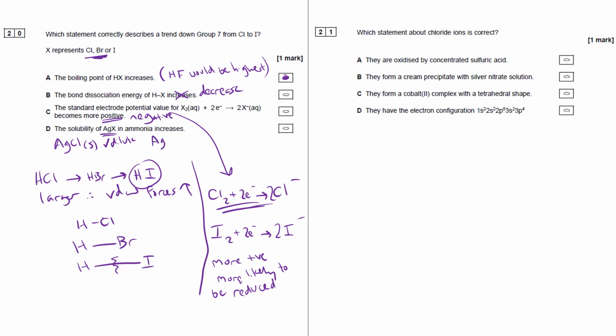Silver bromide, the cream precipitate, will only dissolve in concentrated ammonia. Silver iodide, the yellow precipitate, does not dissolve. So the solubility of silver halide in ammonia decreases down the group. So again, A is the only correct statement there.